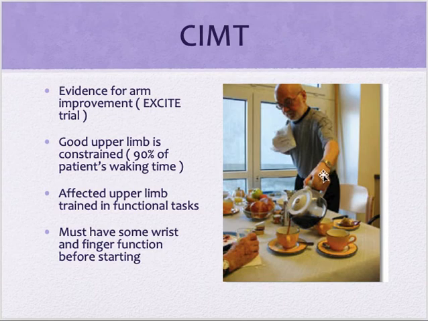One thing, you don't have to remember how many degrees of movement are required, but there should be some wrist and finger function before starting this. Of course, if anyone cannot move the paralyzed arm and you put them on CIMT, even if they try, it is not going to work for that patient.